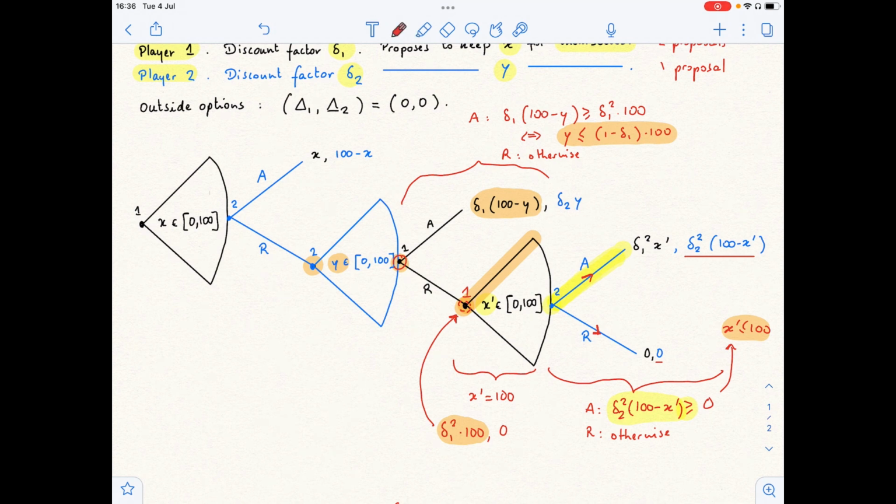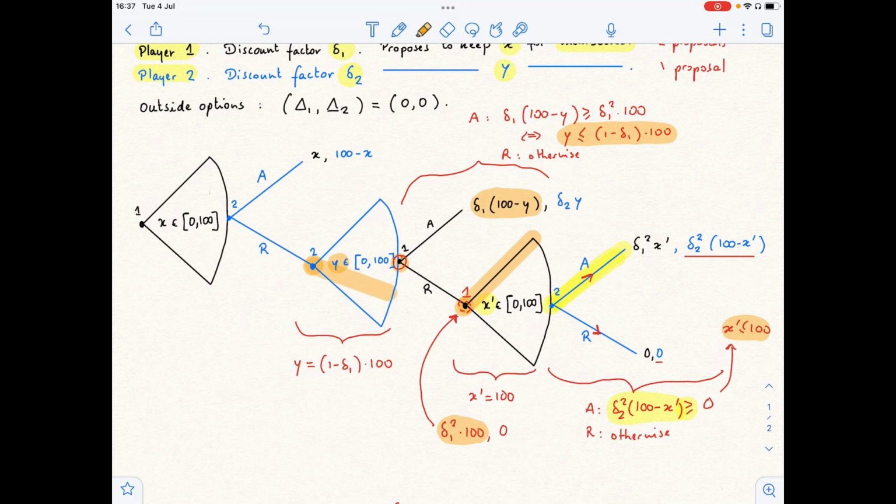It's exactly 1 minus delta times 100. So here the optimal strategy of player 2 is to offer the highest amount that would be accepted, which is 1 minus delta 1 times 100, right?